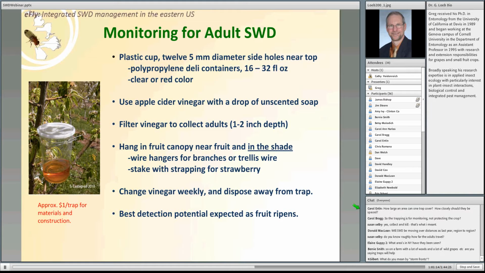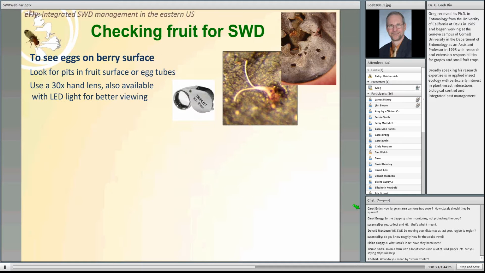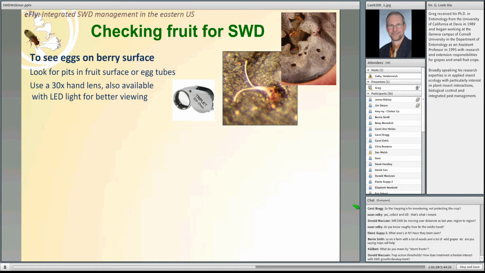All right. Fair enough. My last question was Bernie's on wild host plants around the wood edges. I want to mention that it is possible to look for the larvae or even the egg, the presence of eggs on the surface of the fruit with a hand lens.